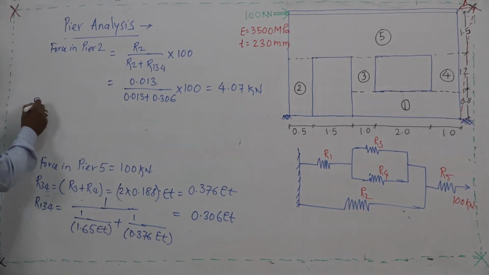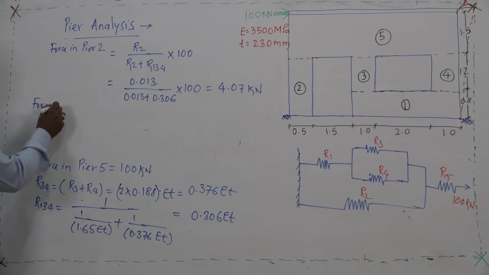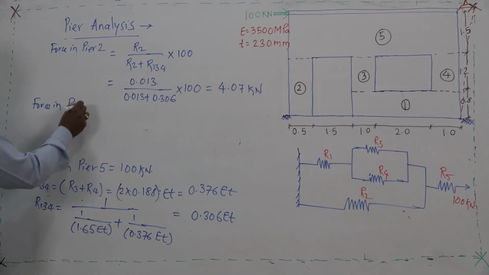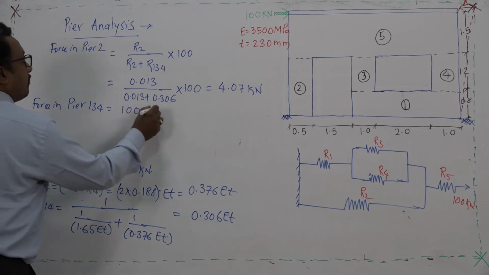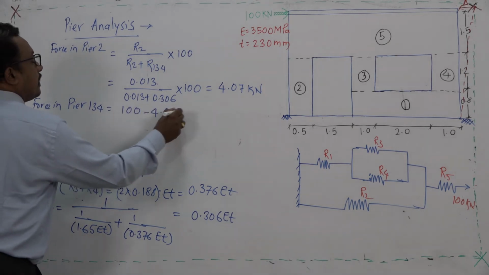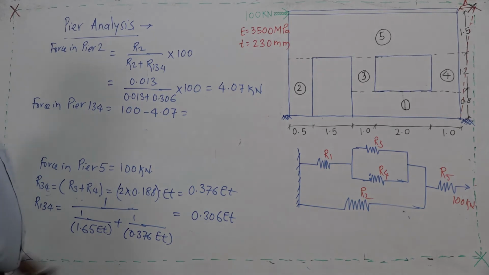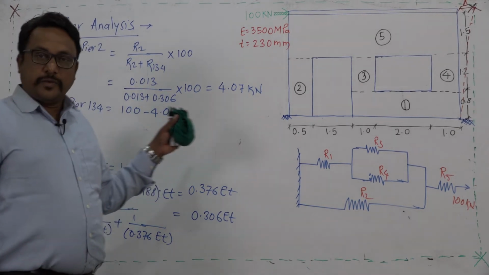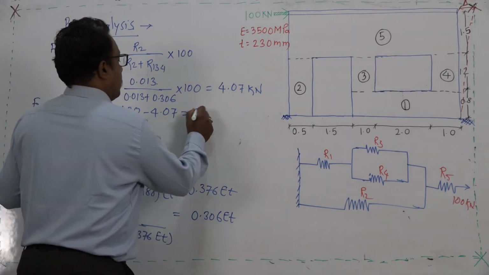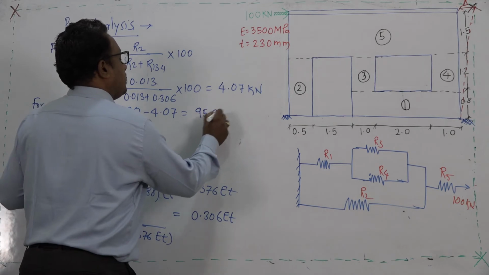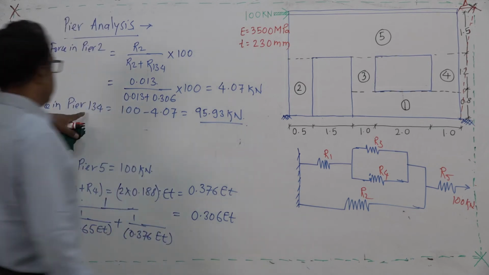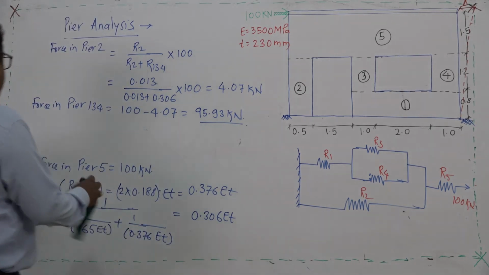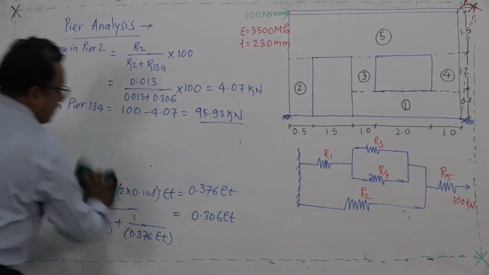This is a very important step. Force in piers 1, 3, 4 will be 100 minus 4.07. So, this comes to 95.93 kilonewton, which is the force in this R134. I will remove this now.